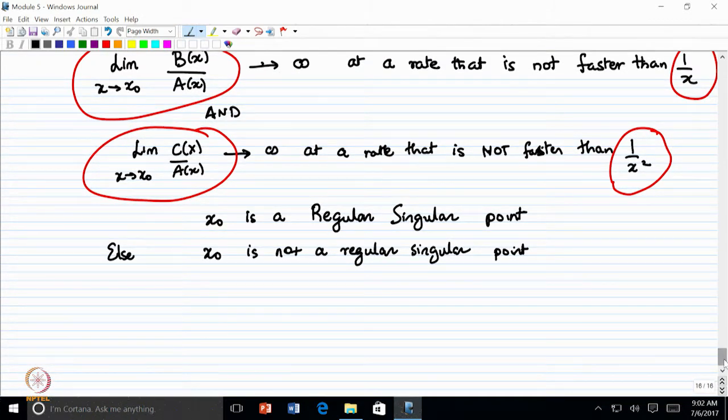So, basically you have two kinds of singular points: the regular singular points and the singular points that are not regular.